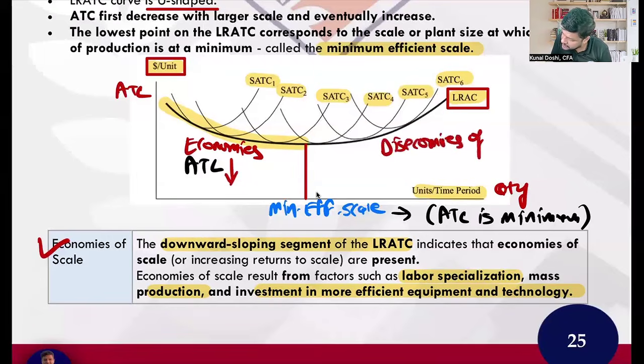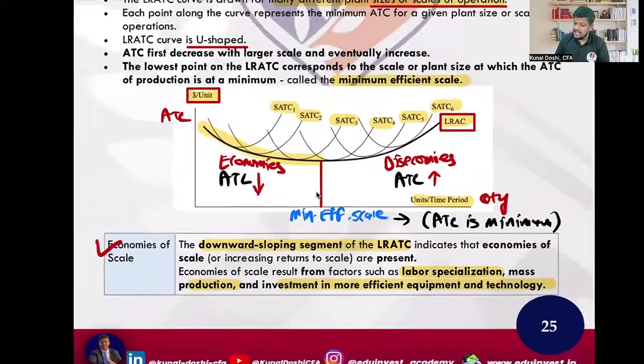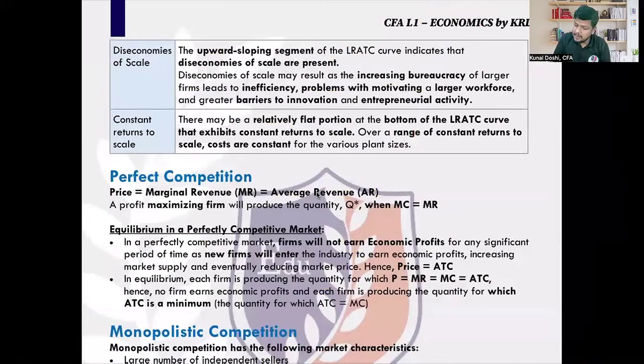Diseconomies of scale basically is a point where the ATC starts increasing. Yes. And why does a company face diseconomies of scale? First of all, this is the upward sloping part of the long-run ATC curve. And this happens because when a company becomes too big in size, the decision making slows down, bureaucracy increases, problems of inefficiency, a lot of overstaffing, right?